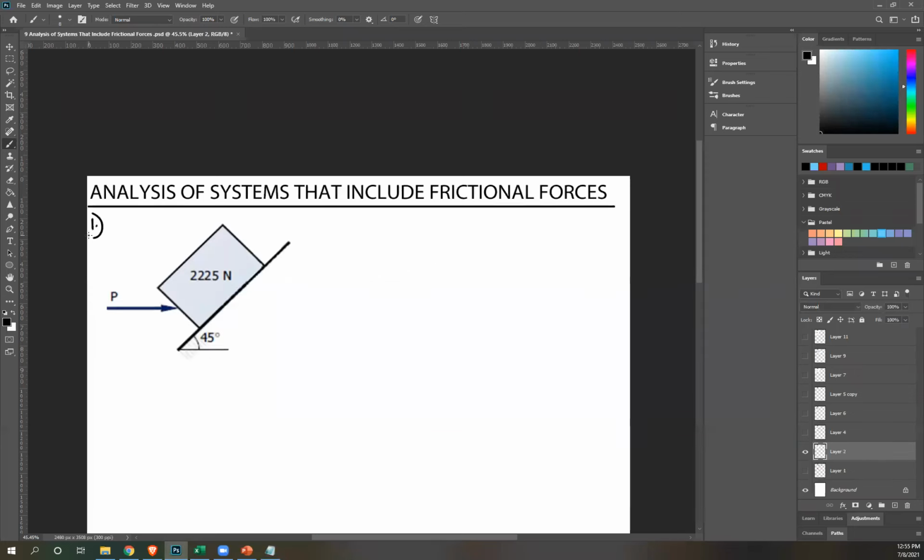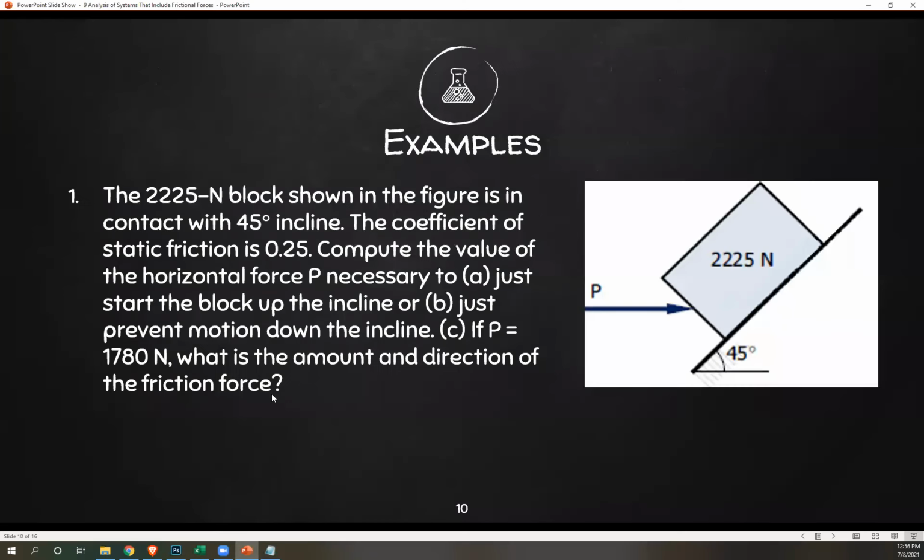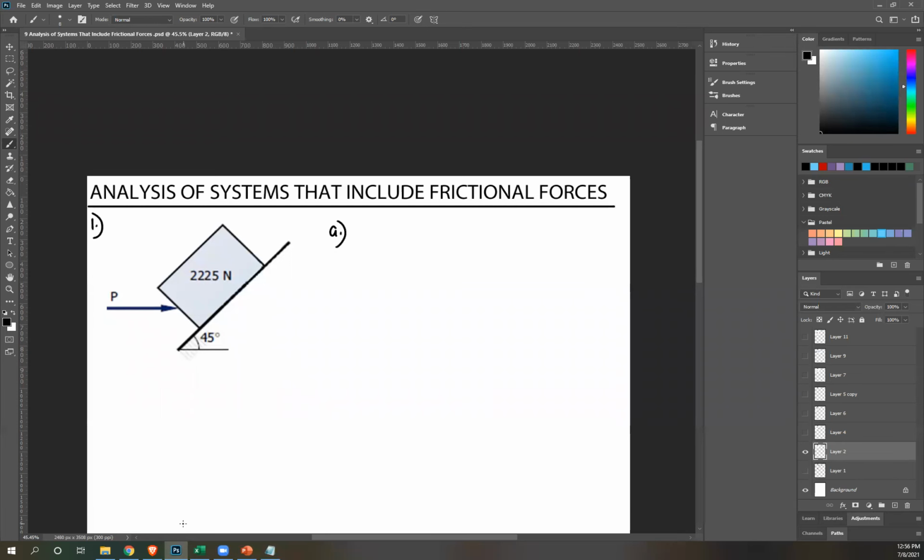Okay, let's begin. First, let's draw a free body diagram. For letter A, again, the situation is impending motion upward, so just keep that in mind as we draw our free body diagram.